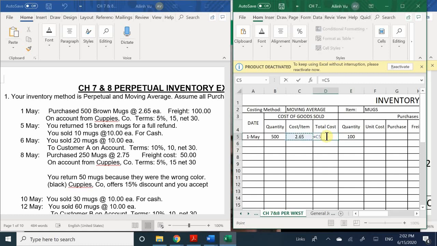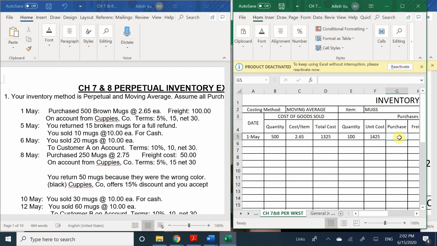So we're going to take our 265 and we're going to multiply it by our 500 to get a total of 1325. Okay. And then here, I'm going to go ahead and enter 1425. So I'm going to add this together. All right, and I get 1425.